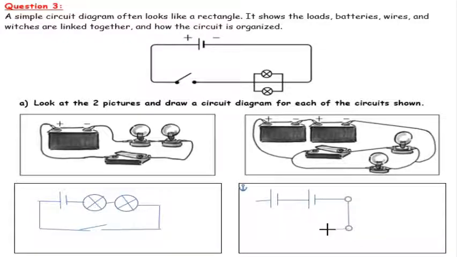As you can see, the light bulbs in here are in parallel. So they are not on the same line. They are found in different lines.